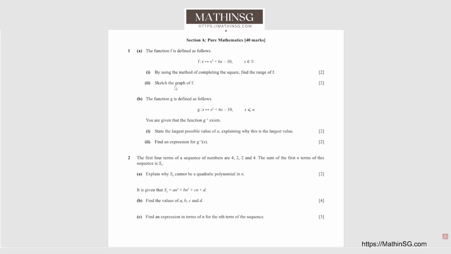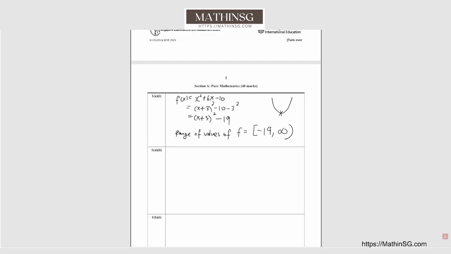Now let's go on to the second part, sketch the graph of f. We know that this is a quadratic curve with a minimum point at minus 3, minus 19. You can also use the GC to look at where it crosses the x and y axes.